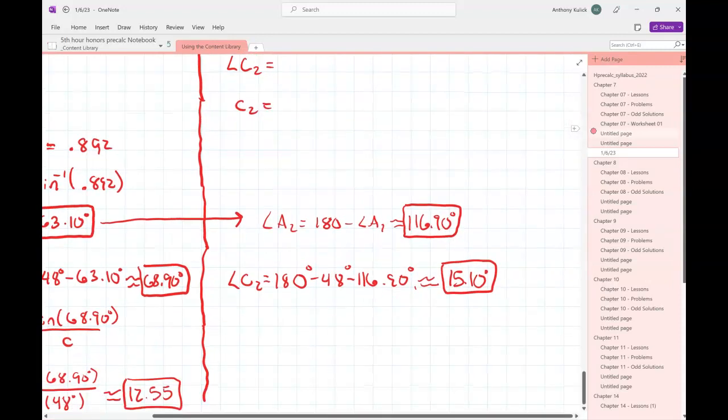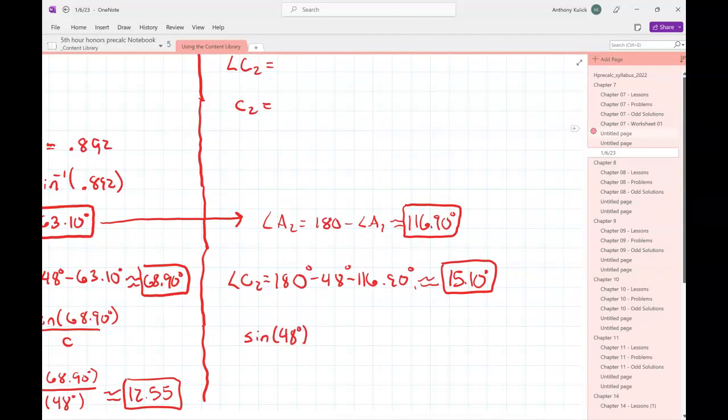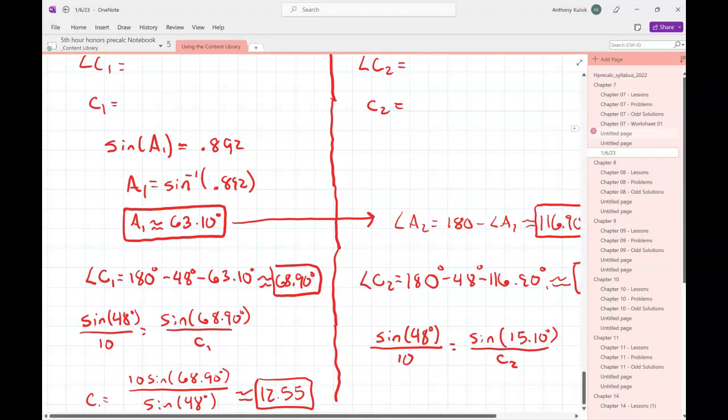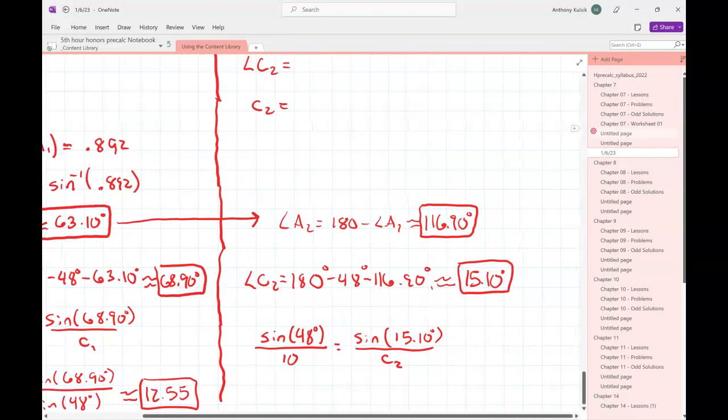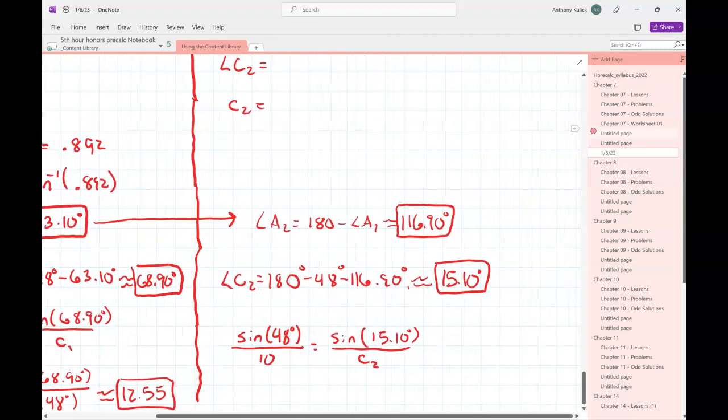And then to find side C, I'll do that the same way. So sine B over B equals sine of my angle C, my new angle C, my angle C2. Should have probably put subscripts on that C1 over there. But we're just still doing the same thing.